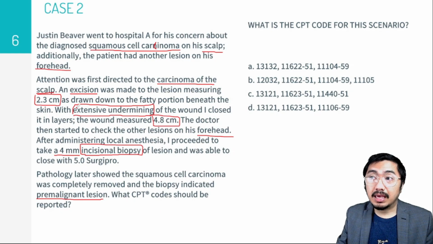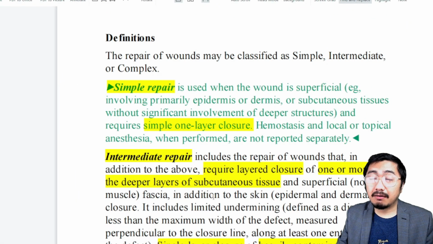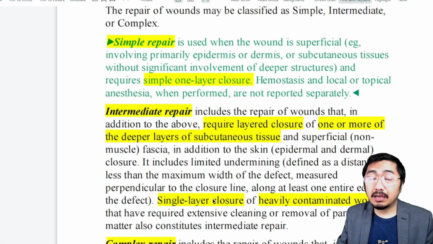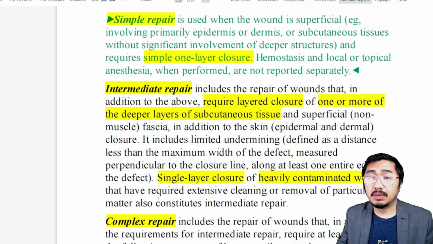That's your keyword to determine that a complex repair was done. You may want to use this paragraph as your main information to differentiate the 3 of them. It's very easy to do, so review this if you have time.